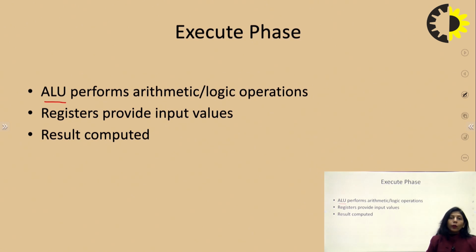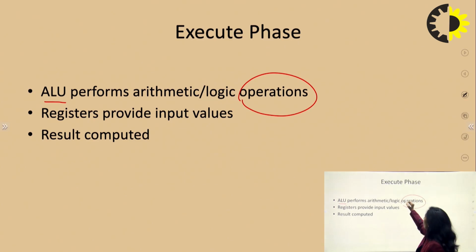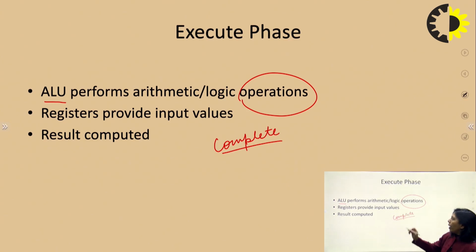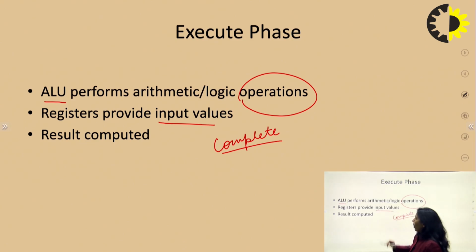If the ALU is performing all sorts of operations, we say that it is complete. Else, it's not. Okay. And the registers provide the input values. Finally, the result is computed and it is sent to the memory to be written back or to the destined register.